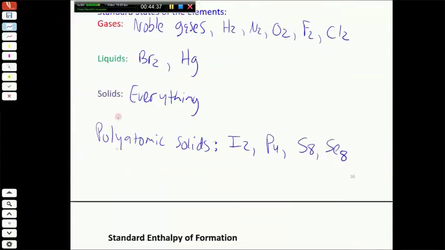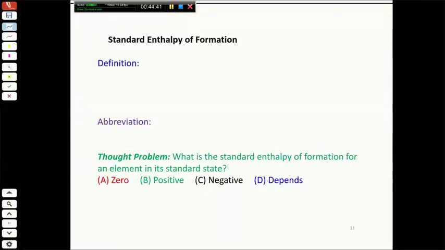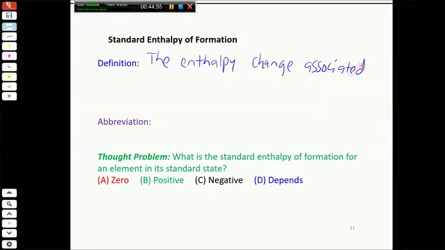And then finally, what we're going to get to then is what's called the standard enthalpy of formation. And this is just simply the enthalpy change that's associated with a formation equation. So every element is going to have an equation that represents its formation, and then the enthalpy change that's associated with that chemical equation is called the standard enthalpy of formation for that compound or element.